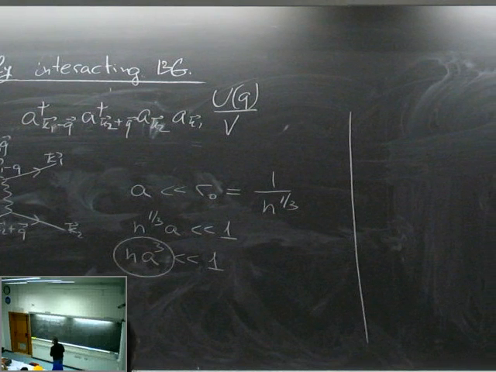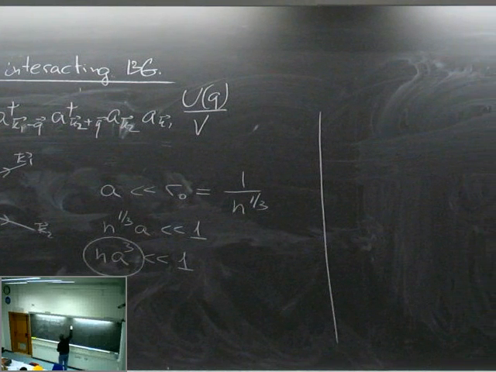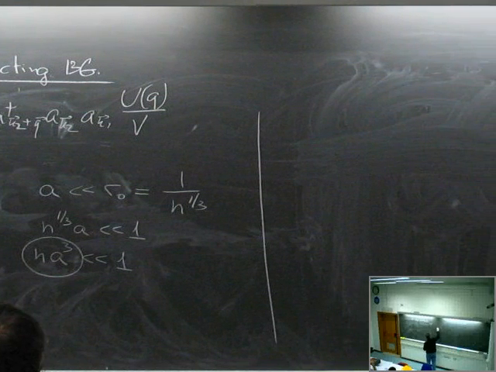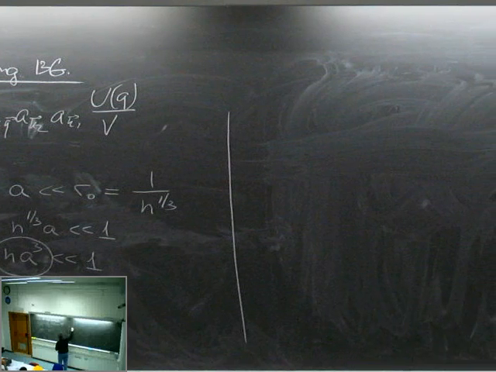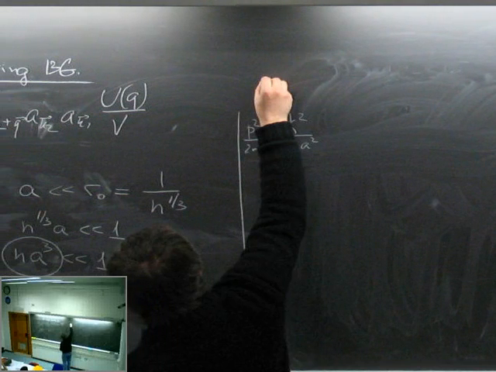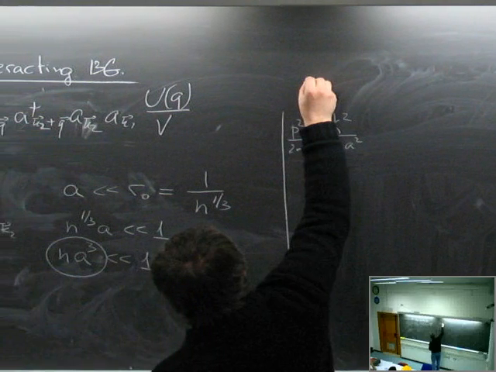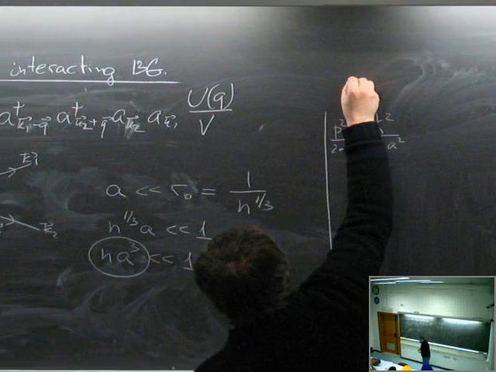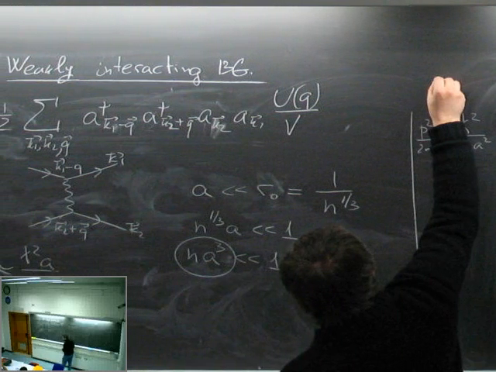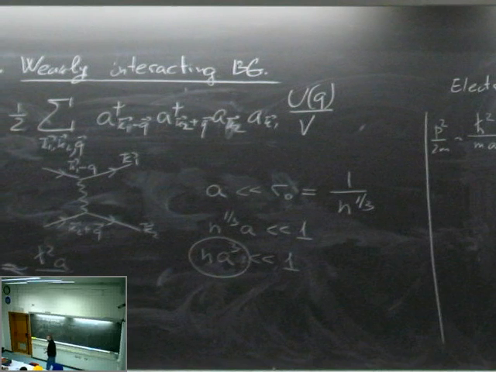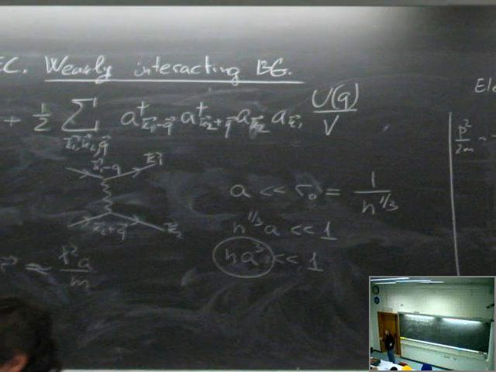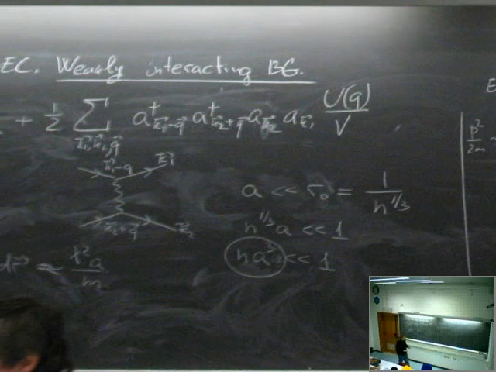First of all, we need to say that in the gas approximation the typical kinetic energy, say p squared over 2m, which is h bar squared over m a squared, so this is a remark about electrons, should be much larger compared to the potential energy of the interaction. This is again quite a natural idea to say what a weakly interacting system is. The potential energy is much smaller than the kinetic energy.